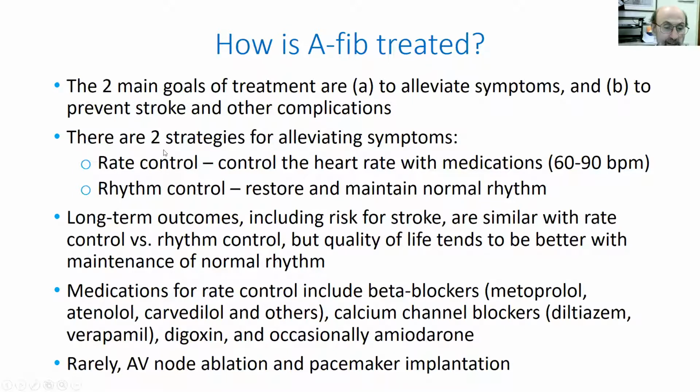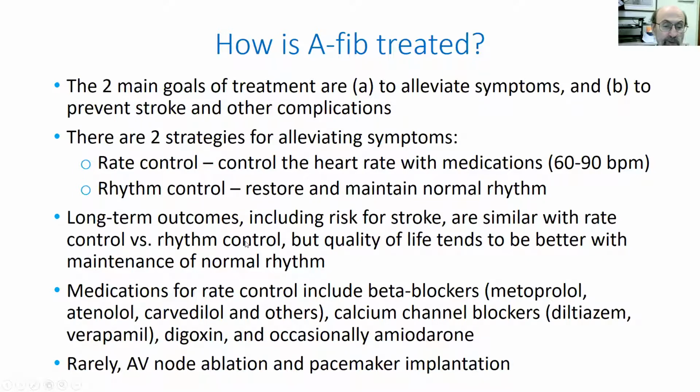And it might seem like the choice between these 2 options is kind of a no-brainer, and that it has to be better to be in normal rhythm than in atrial fibrillation with controlled rate. But it turns out that long-term outcomes, including the risk for stroke, are similar with the rate control approach versus the rhythm control approach.